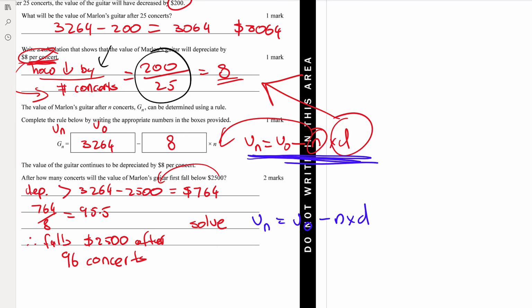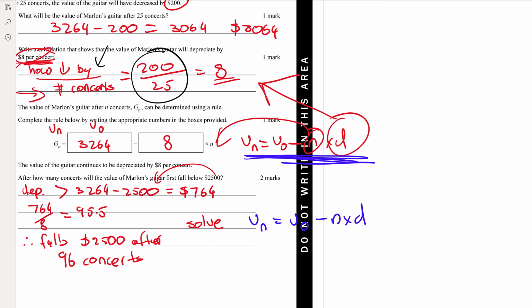What you're after now is to look at what this equation tells you. The Vn is basically the value after a certain period of time. We've been told that it's 2,500. So in your calculator, you're going to write solve, and you're going to have 2,500. Remember, that's Vn, or in this case, Gn. Your V0 or your G0 is going to be 3264.